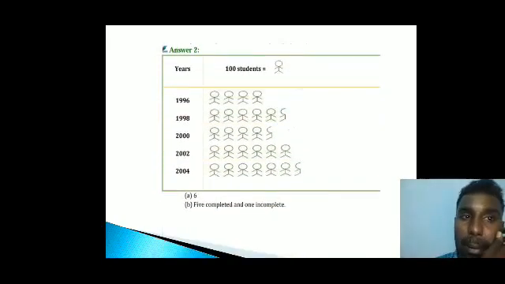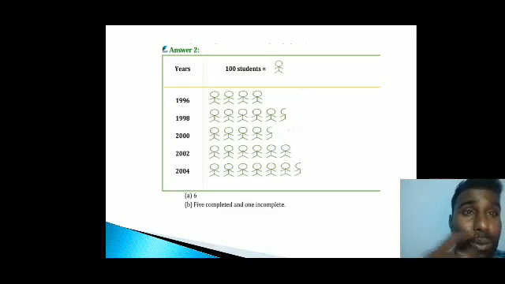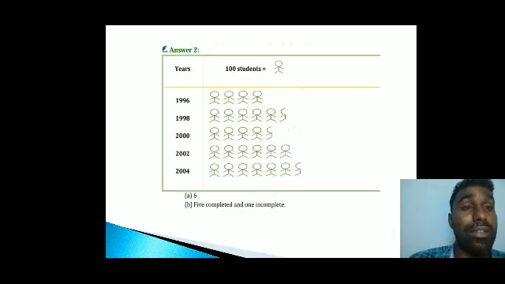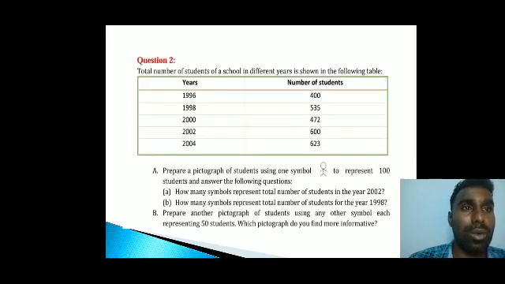Okay, so just see that. And what is the answer? Here I have taken years 96, 98, 2000, 2002, 2004, and one symbol represents 100 students. For 96, see here, 400.